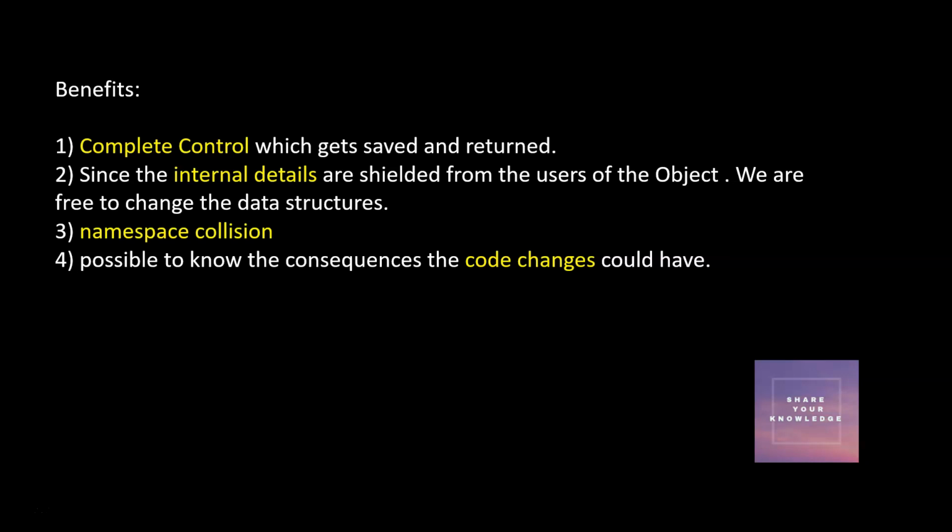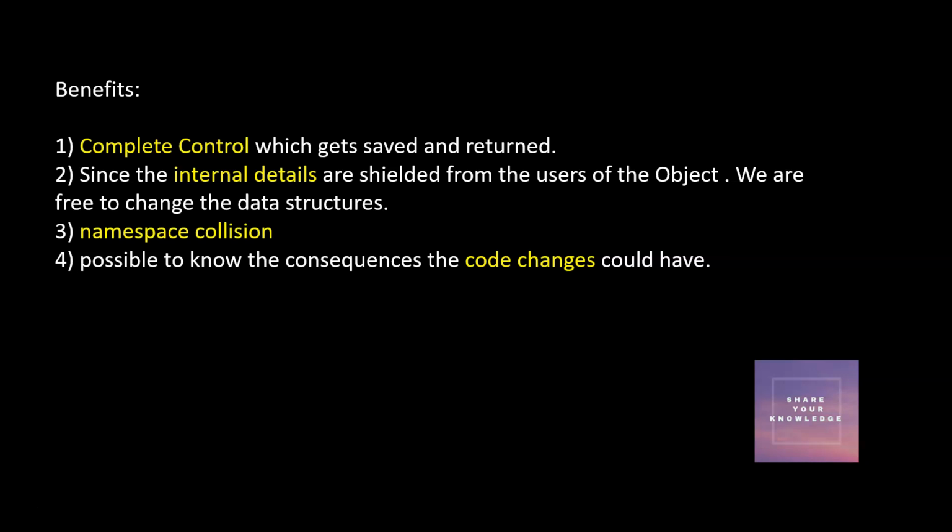Special variables you are not allowing, you will be throwing an error. But when you don't use accessor and mutator and allow him to directly set the internal data, you don't know what will happen in your code. Because we have shielded it, we know the code consequences any change could have.